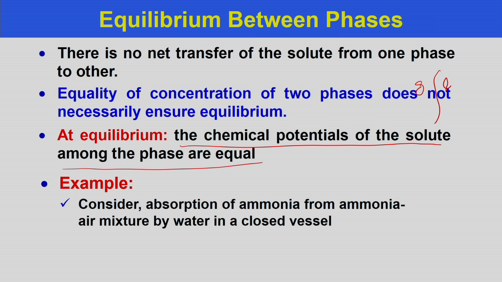Now, let us take an example. Consider the absorption of ammonia from an ammonia-air mixture by water in a closed vessel. So, if we take a closed vessel, you have taken air plus ammonia, and you have some liquid which is water.